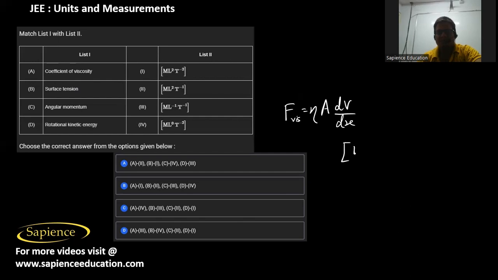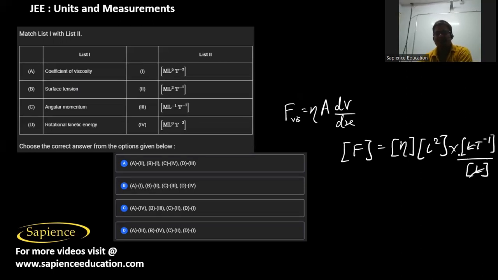Now the dimensional formula for force is equal to the dimensional formula for eta into the area, that is L square, and the velocity gradient, that is L T power minus 1 by L. So L will cancel.